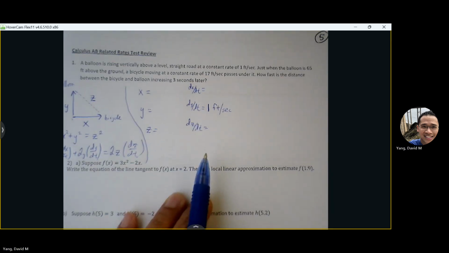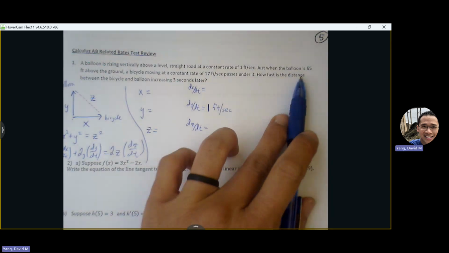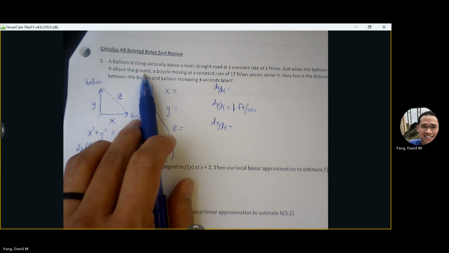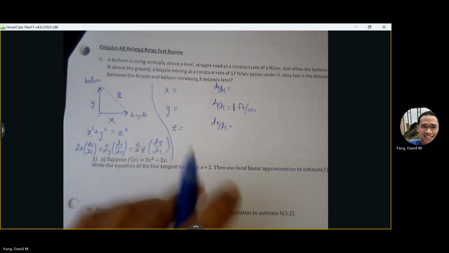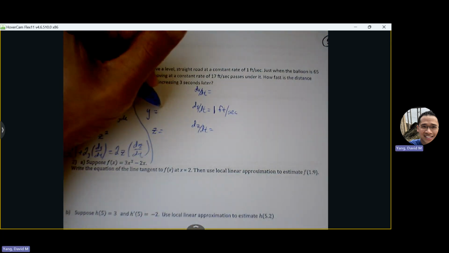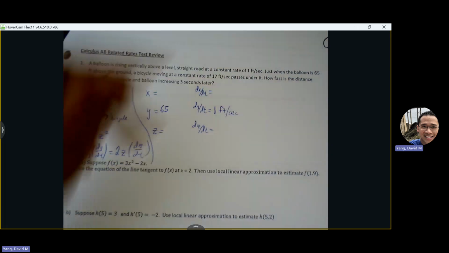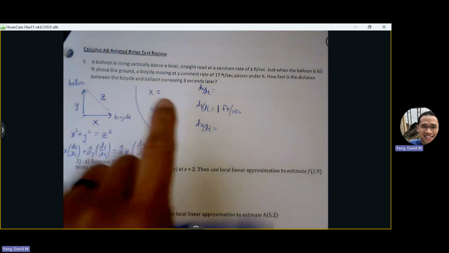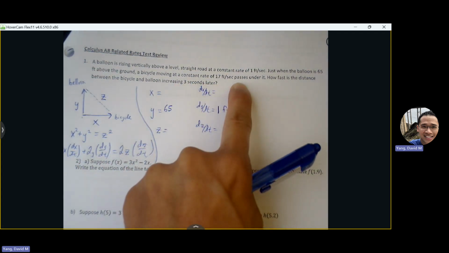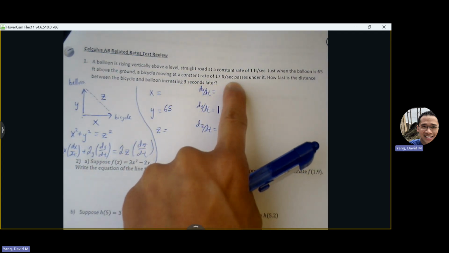Okay, good. All right, when the balloon is 65 feet above ground, what is that referring to? Y. Okay, I'm going to put that temporarily because this may change, but we know that for the moment it is y related. Okay, we'll keep going here. A bicycle is moving at a constant rate of 17 feet per second and passes under it.